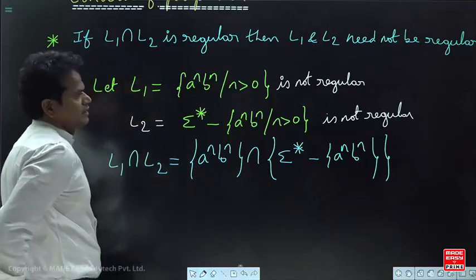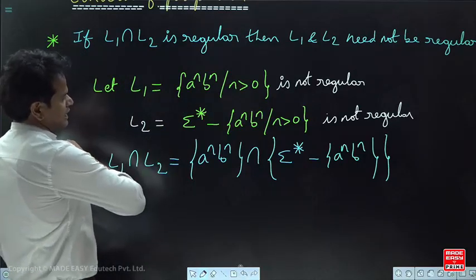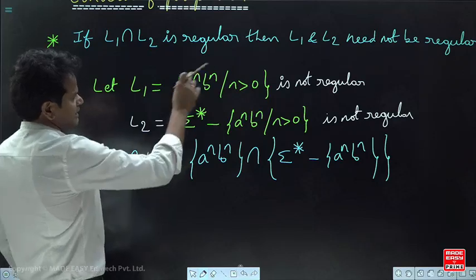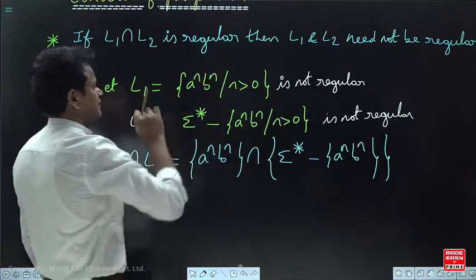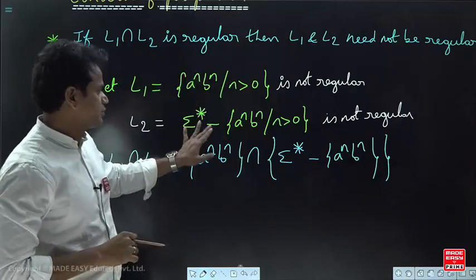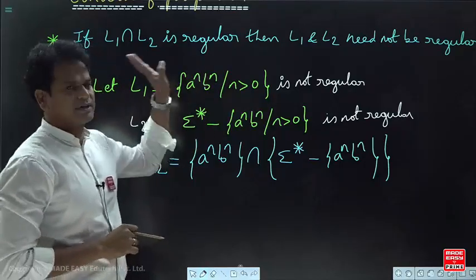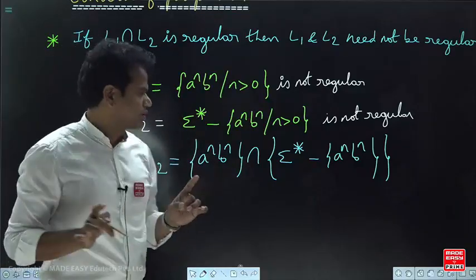Whatever is in L1 is not in L2, and whatever is in L2 is not in L1, since L2 is the complement of L1. So there is no common string at all.